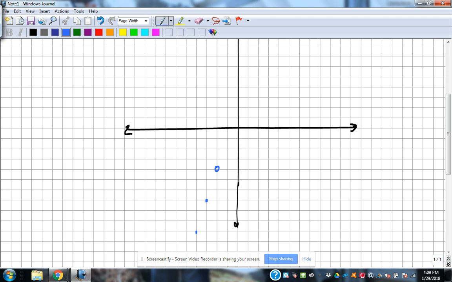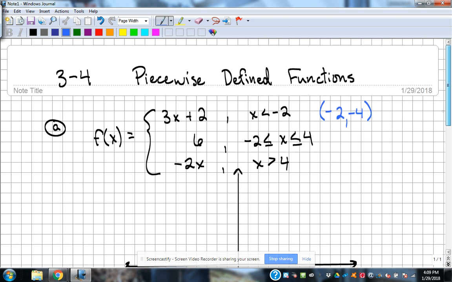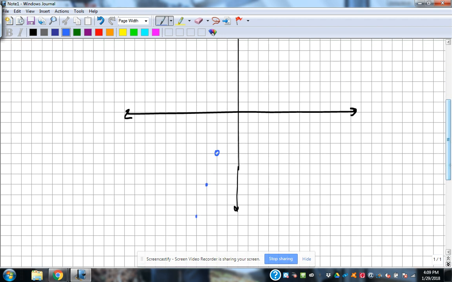Another way of getting that part of the picture would be to plug in some x values that fit into this inequality. I could plug in -3 and -4 and -5 and get that side of the graph. You could do that either way. I'm going to use the slope form because I know it's a linear equation. It's quicker. So there's that piece of the graph.